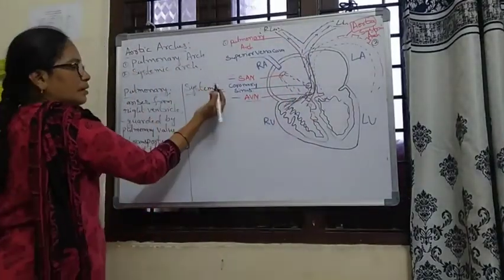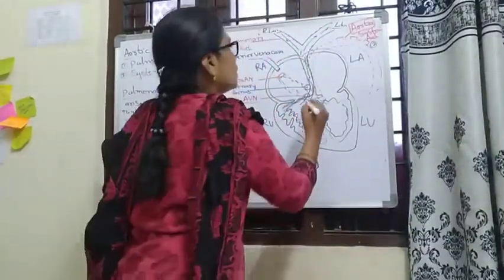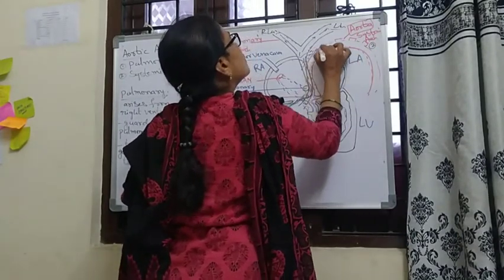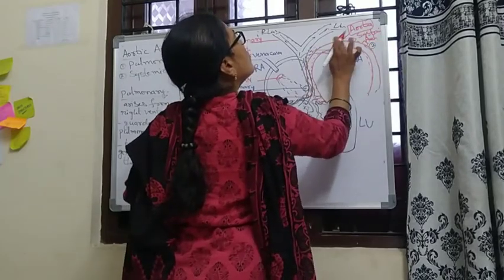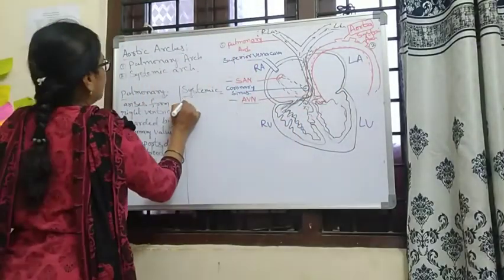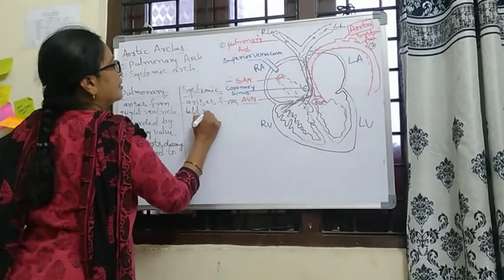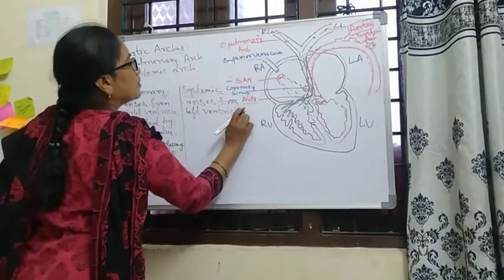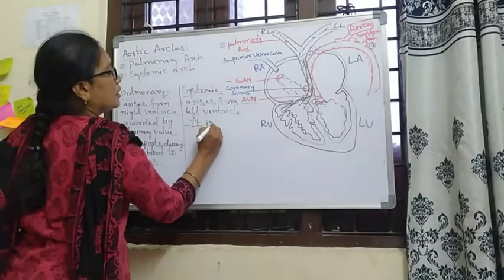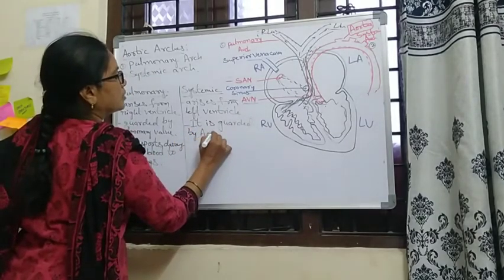Next, the systemic arch arises from the left ventricle. It is guarded by the aortic valves.